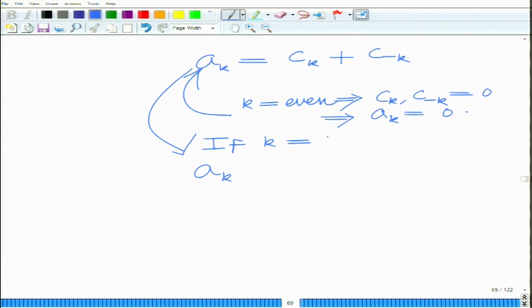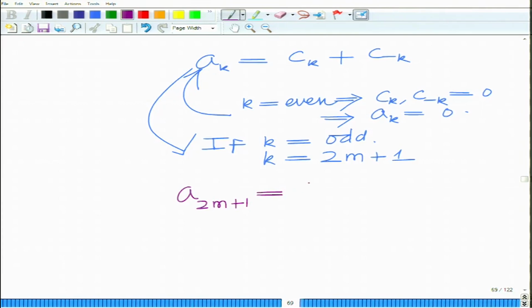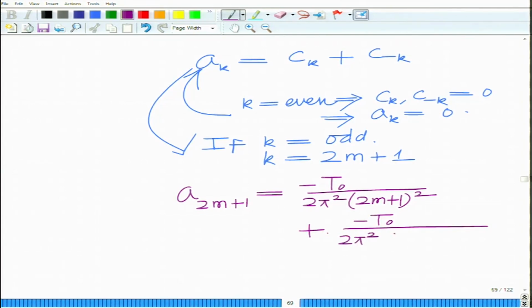If k is odd, that is k is of the form 2m plus 1, then A of 2m plus 1 equals minus T naught by 2 pi square into (2m plus 1) whole square, plus C of minus k, which is minus T naught over 2 pi square into (minus 2m minus 1) whole square.